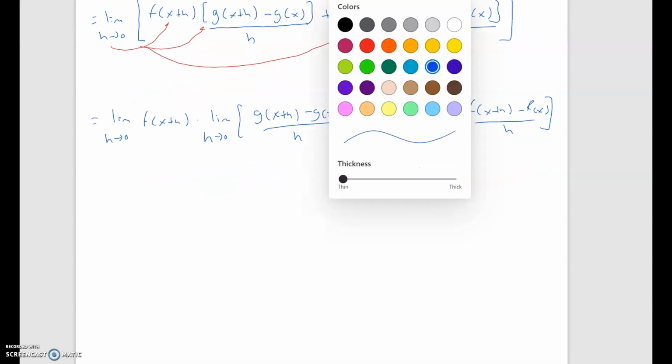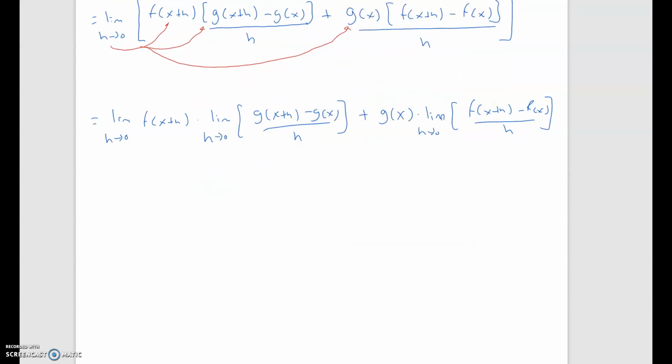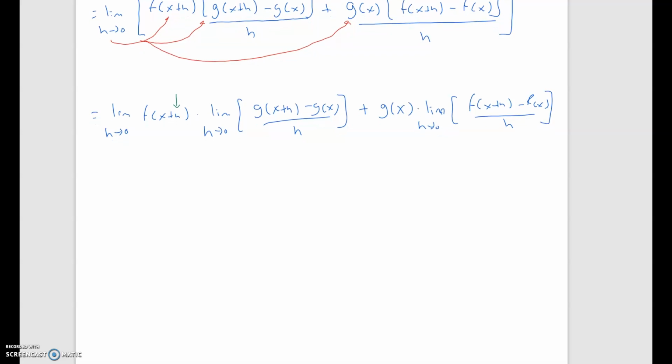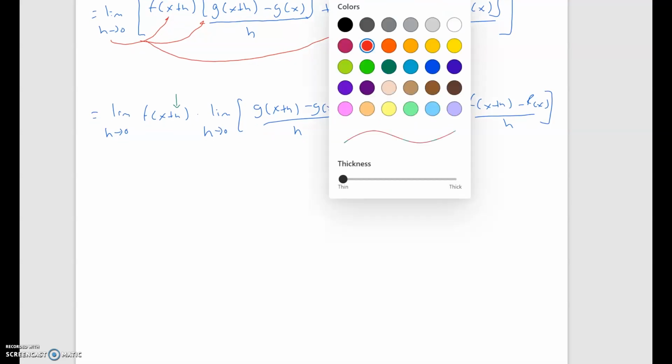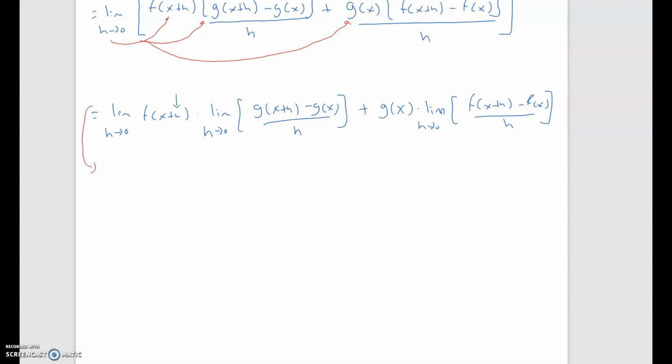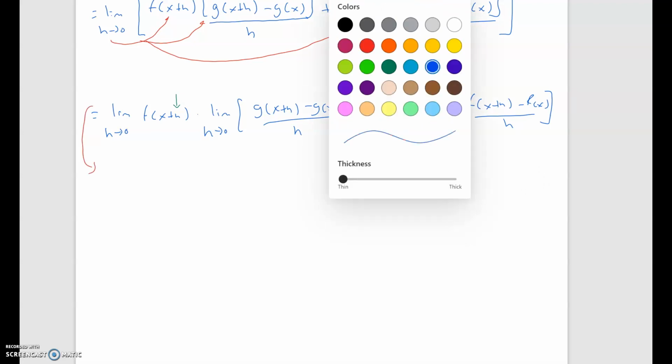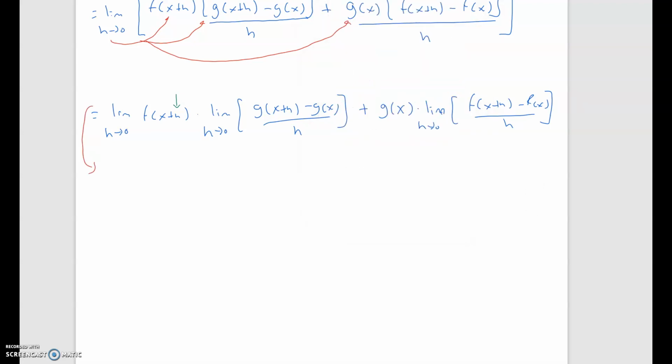Now on the first term, let me just emphasize it here. As you apply the h, that just gets evaluated here, and we're left as a result from this term just the value of f of x. And then I'm going to rewrite these limits and leave them exactly as they stand.